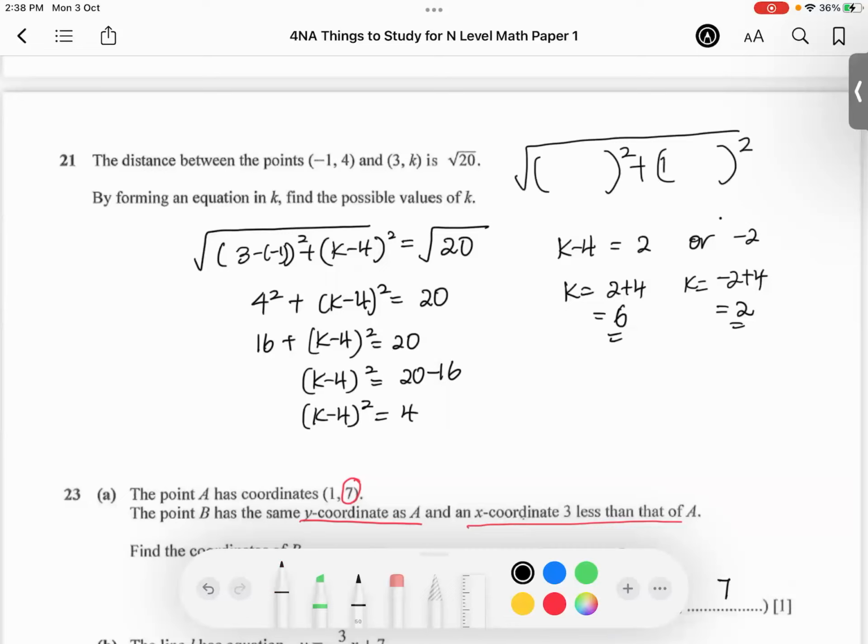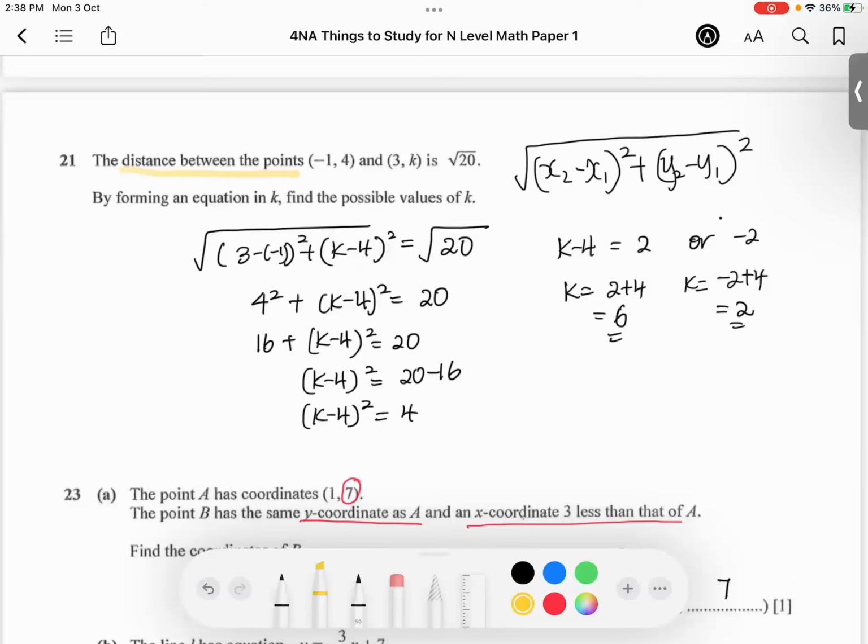Inside will be y2 minus y1, x2 minus x1. This is the formula for the distance between 2 points. This one you must memorize. Then I equate it to the number square root 20.